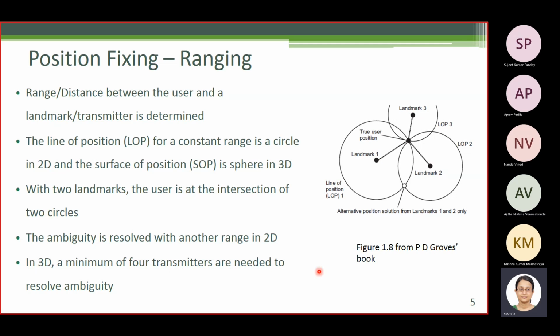Okay, you understand how it can be found in 2D, right? In 3D, in place of circles, you have spheres, right? So two spheres will intersect in a circle. Yes or no?